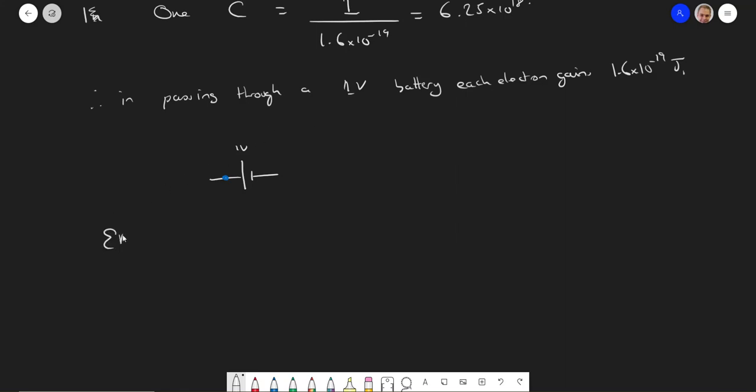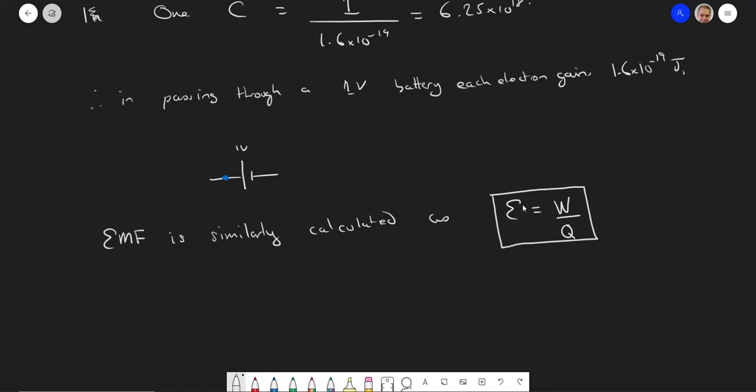So EMF is similarly calculated as work over charge. In this case, it is the work that the battery is doing on those electrons as they travel around.